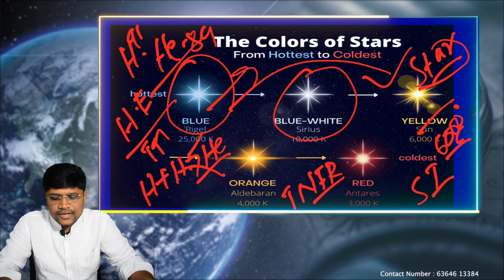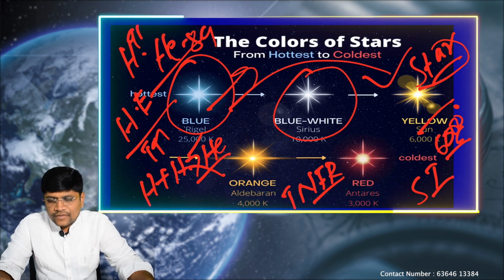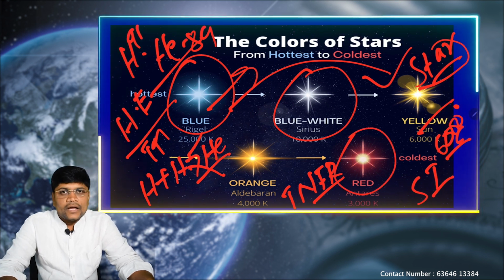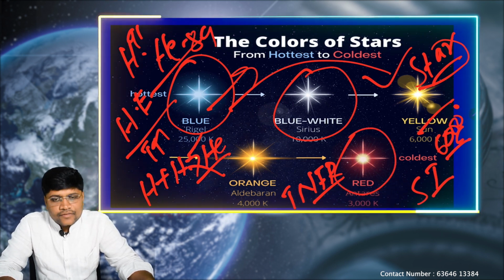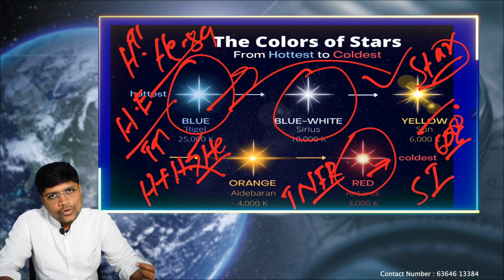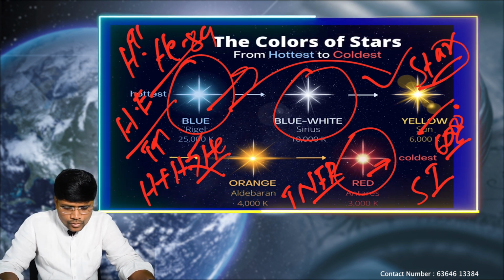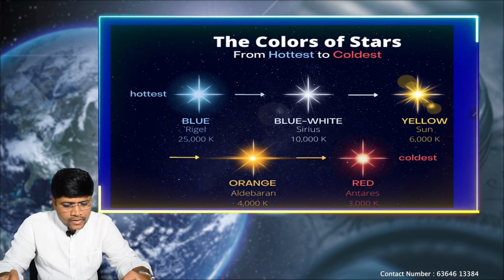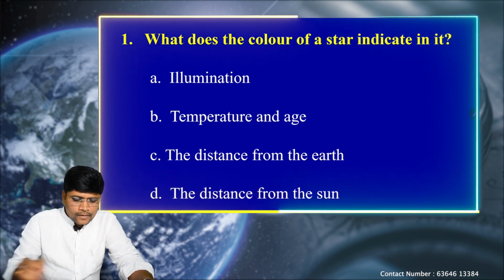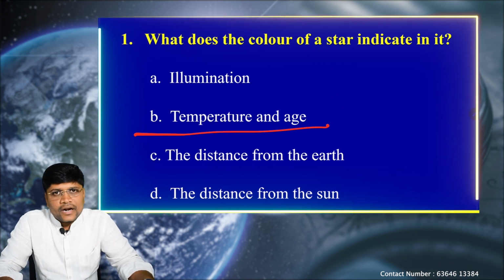Our sun also has a yellowish surface, so its surface temperature is 6000. Next, when they are in the end stage of their life cycle, they turn red. Red color indicates their old stage and very low temperature. So we got the answer. Going back to the question, the color of a star indicates its temperature and age.